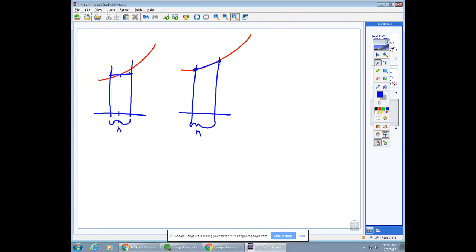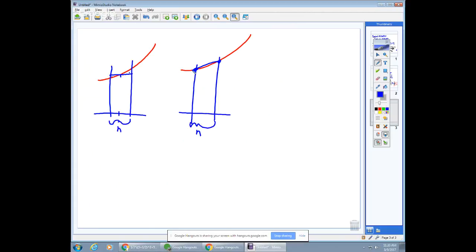Now, the straight line and the curve aren't going to match exactly. In this case, my line is above the curve. It's kind of hard to see because I didn't draw that very well. Try that again. All right, so maybe that's my straight line right there. So here, because it's concave up, I'm going to have a slight overestimate.